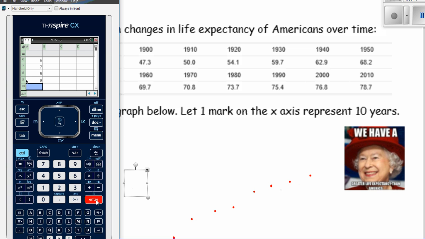It's easy to type in the wrong thing, so just double check that you're typing in the right thing. Then as you're scrolling up, you probably want to check, have you got the right numbers in there? Double check that. Now be really careful entering in this data, 47.3, so we need it all to match up correctly. 50, 54.1, 59.7, 62.9.